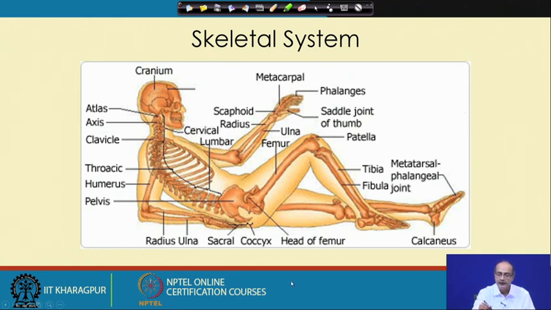For example, the skull protects our brain, and the rib cage protects the lungs and the heart. These parts of the skeleton protect the weaker organs.